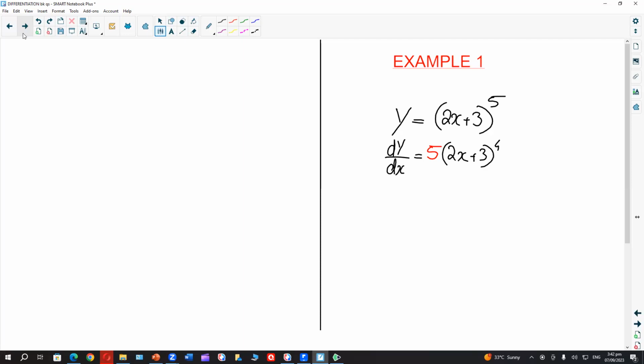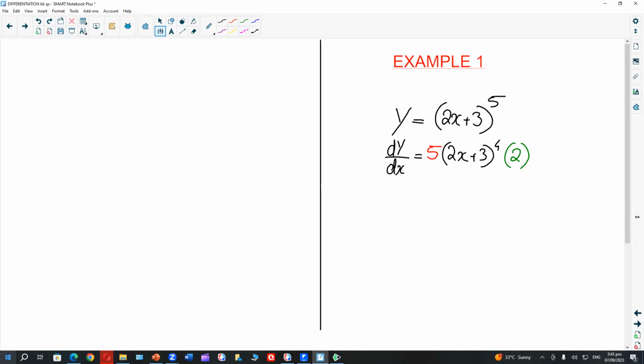Now, what about the bracket? What is inside the bracket? Inside the bracket is 2x plus 3. What is the derivative of 2x plus 3? In the form ax plus b, 3 will become 0 and x will become 1.